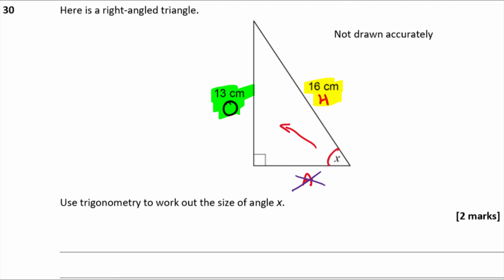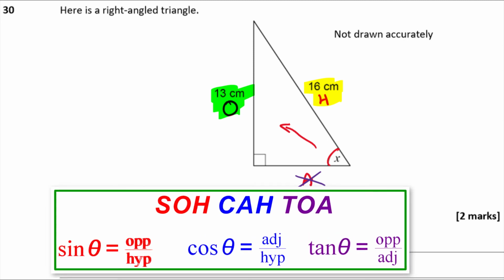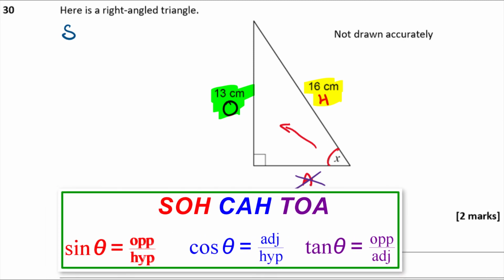Now I don't know how you remember this, there's different ways of remembering it, but I remember the trigonometric ratios using the mnemonic SOH CAH TOA. Okay, sine is opposite over hypotenuse, cosine is adjacent over hypotenuse, tangent is opposite over adjacent. And I'm looking for the trigonometric ratio that involves O and H. Now hopefully you can see it is this one.